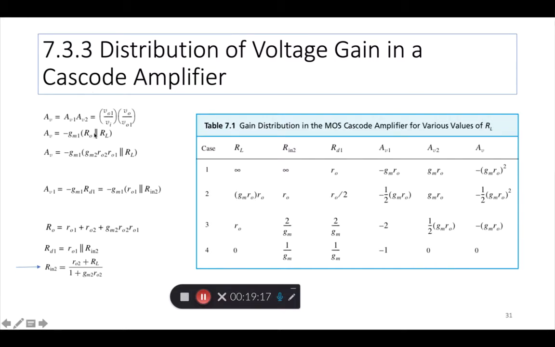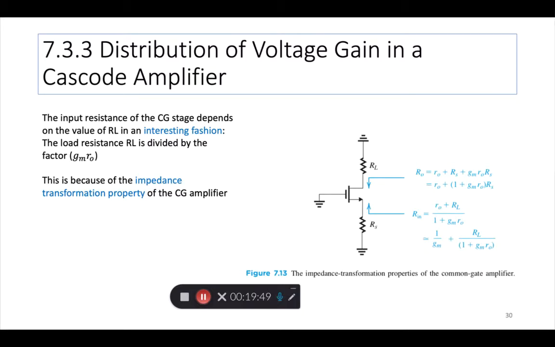Now RL can be any value, but if RL has specific values, such as open circuit (infinity), short circuit, or RO, then the formulas for Rn2 or AV1, AV2 become a little simpler. You don't have to go through this entire analysis; you can just pick the formula from here. That's what this table gives us. I have an example we can go through to understand better how to separate out the gain from the two stages. Now I go back one slide to slide 30.